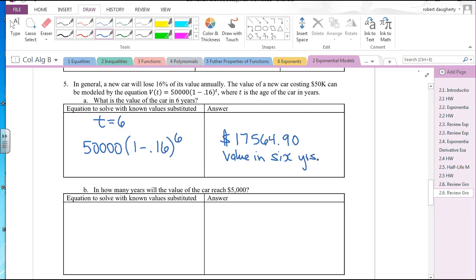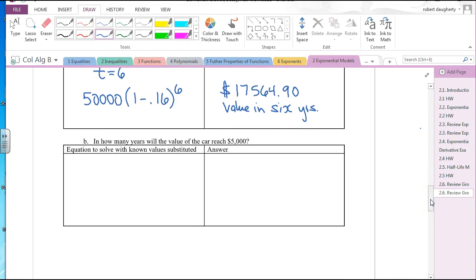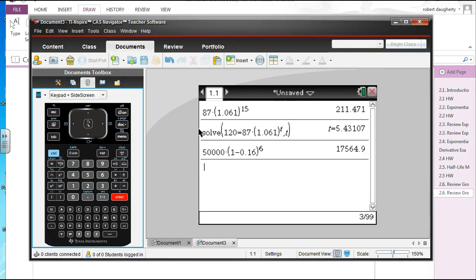In how many years? That's solving for time. In how many years would the value of the car be 5,000? So I'm looking at, when does 5,000 equal 50,000 times (1 minus 0.16) to the t. Solving for t, I would do that on my calculator. So menu 3, 1.